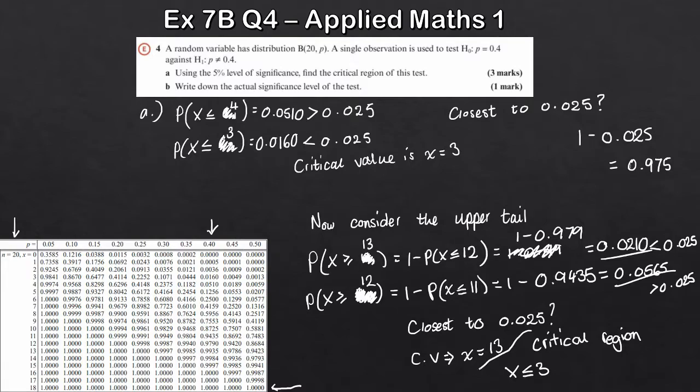And if you consider the upper tail, we picked x equals 13, so it's everything greater than or equal to 13. That's our critical region. That's your lower tail, and that's your upper tail.